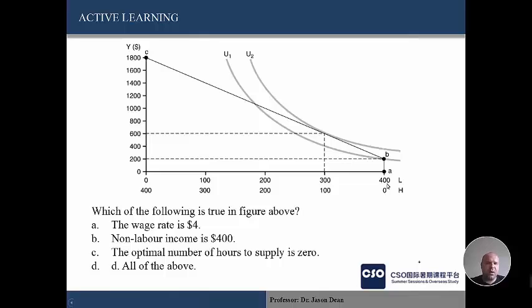If the person decided to work all of their discretionary time, they would work 400 hours. We multiply that by 4 and get 1,600. Then we add the $200 in non-labor income, and we get point C, which equals 1,800, and it indeed does equal 1,800. So we know A is true. The wage is $4.